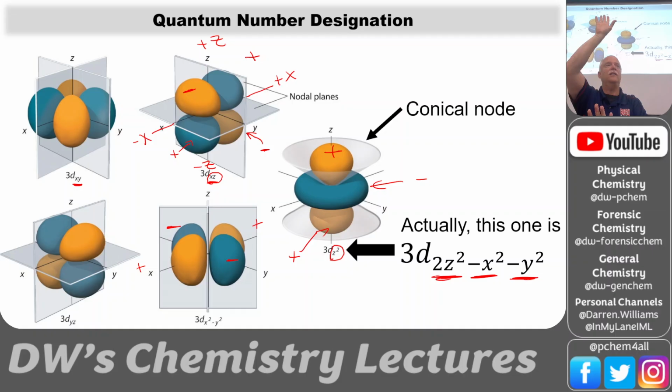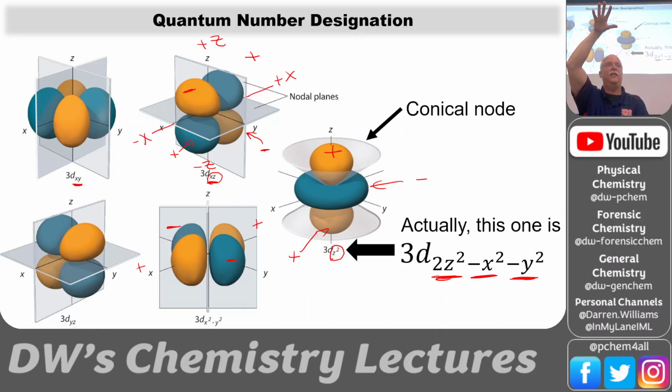Because the z's are positive, and if we had plus x squared plus y squared, we have a sphere, no nodes. So you could kind of think of an s orbital as x squared plus y squared plus z squared, and that would be a sphere. There'd be no nodes around the equator or from the poles. But this one is the opposite combination.